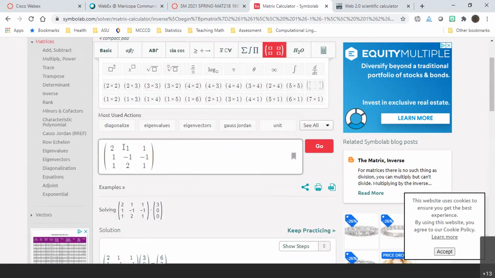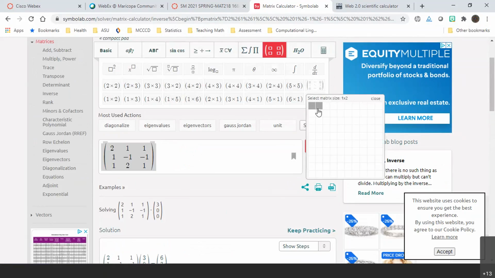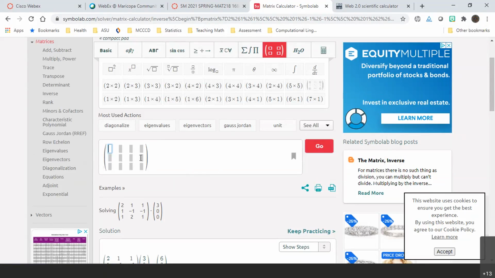Okay. So let's try the RREF. That requires an augmented matrix. So that would be 2, 1, 1. And then the right-hand side is a 3. And then 1, negative 1, negative 1.